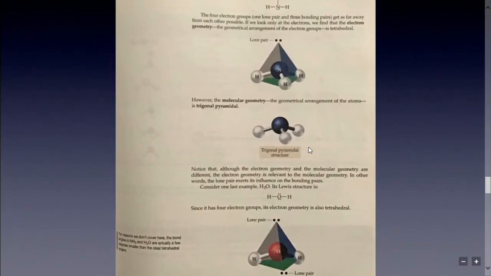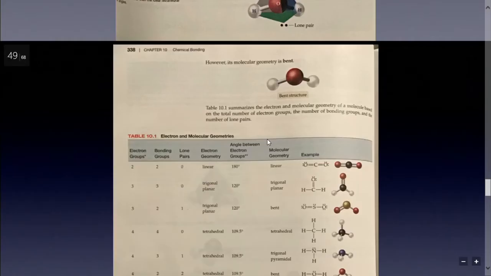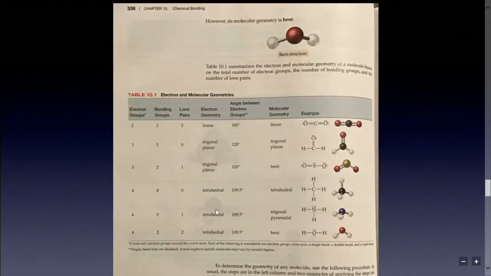And so again, the trigonal pyramidal, the one we just looked at, is this one here. It's got 4 electron groups, but only 3 of them are bonding groups. One of them was a lone pair. And so you have essentially a tetrahedral electron geometry.